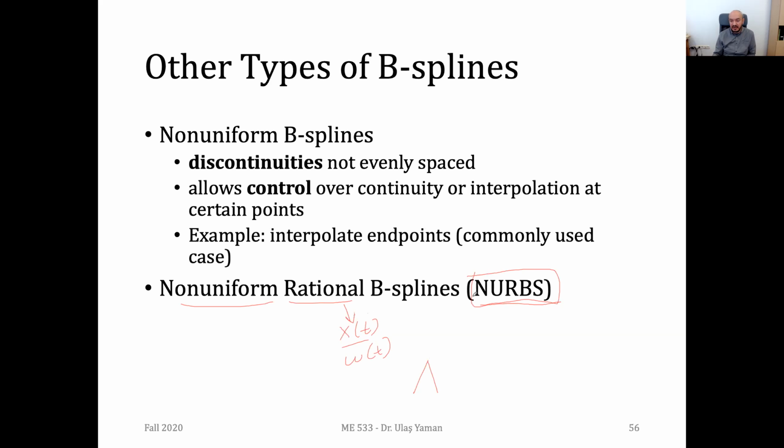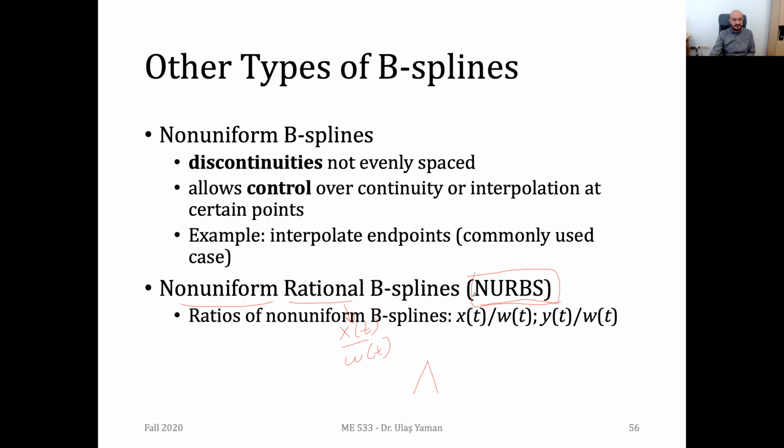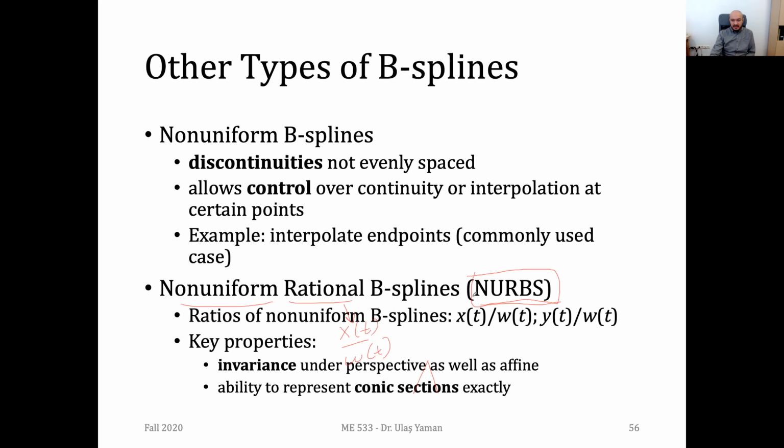And probably you have heard about it. It's a very popular type of spline, and many of the CAD software these days are actually using NURBS. For instance, Rhinoceros depends highly on NURBS curves and surfaces. The advantage of NURBS curves is that they are invariant.